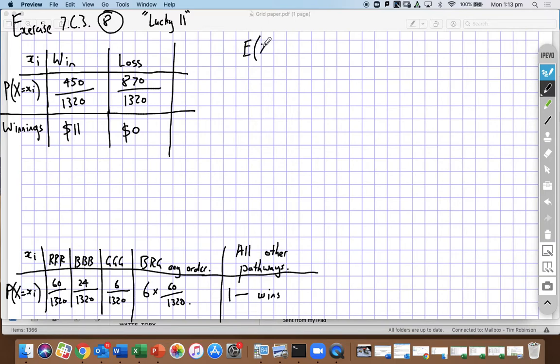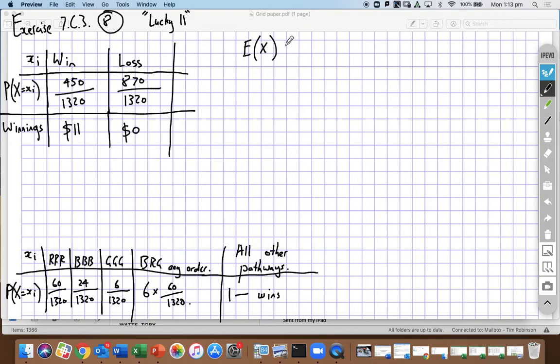Imagine you didn't have to pay any money to play this game, right? So there's going to be a fee to play this game, but let's pretend there isn't just for a minute, all right? You would have an expected value of 450 wins out of 1,320 times $11, all right?